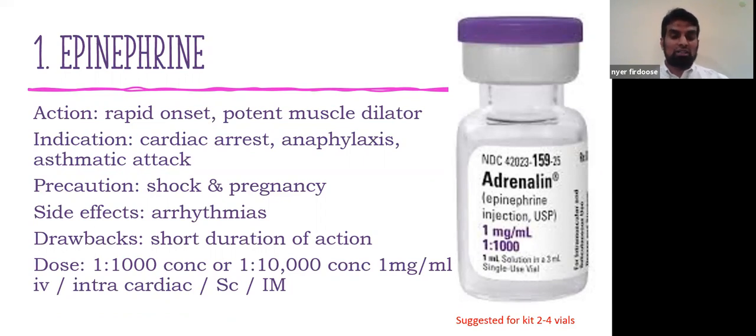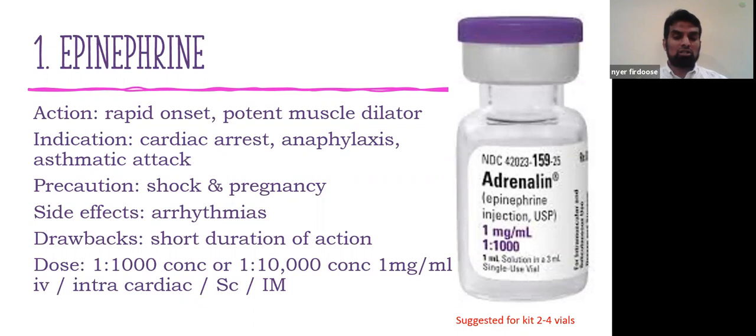There are certain side effects with this drug, which predisposes the heart to arrhythmias, and it also has a relatively very short duration of action, usually lasting up to 5 to 10 minutes if given intravenously. The indications of epinephrine are cardiac arrest, anaphylaxis, or an acute asthmatic attack.